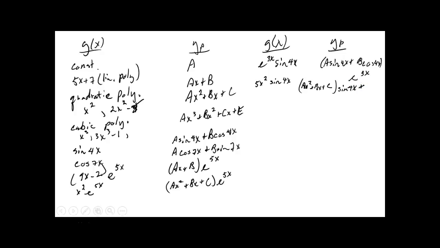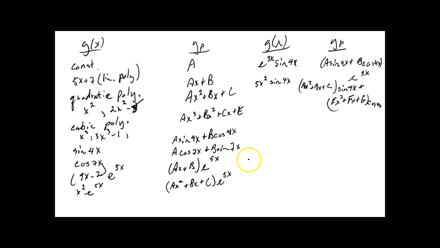Okay, nope, need new ones. You need ex squared plus fx plus g times cosine 4x. So you have to have the full range of polynomials, but the coefficient functions are different for the sine and the cosine. Okay?